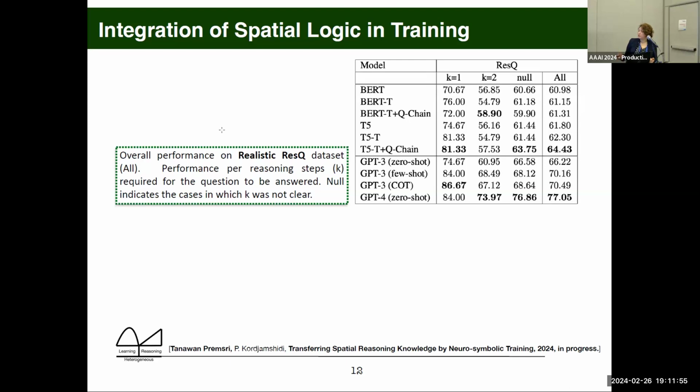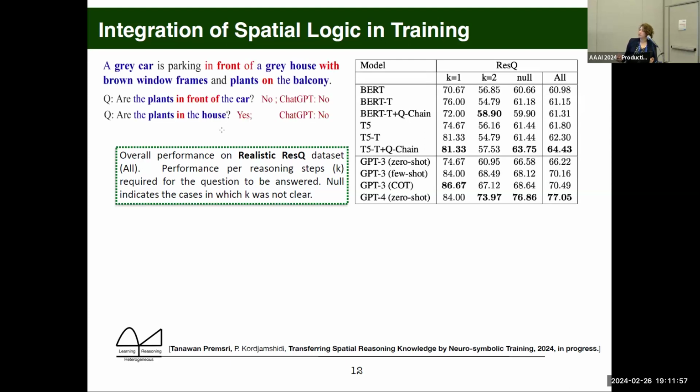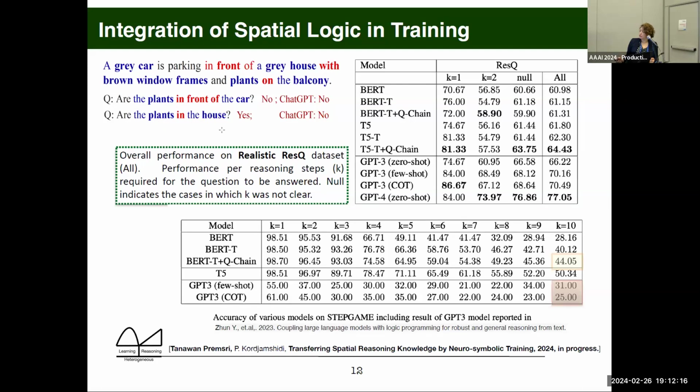However, I included GPT results. GPT is not perfect, it's around 66%, and GPT-4 is 77%. It's still not very impressive, but better than what we did with BERT. You see the types of errors that can be made by GPT here. However, one interesting finding was with the dataset you heard from me, named StepGame, which has splits of up to 10 steps of reasoning.